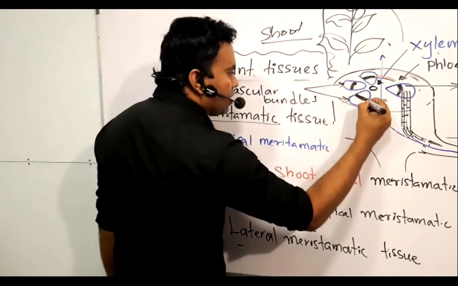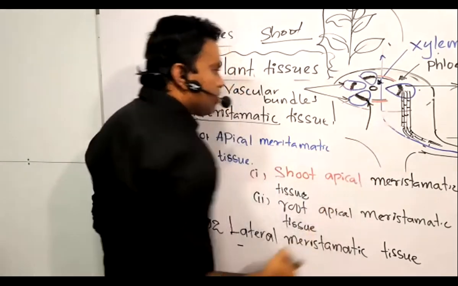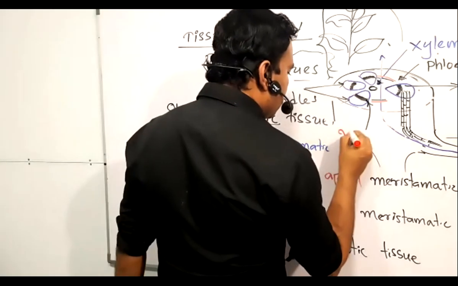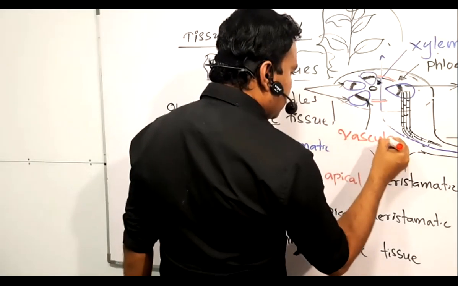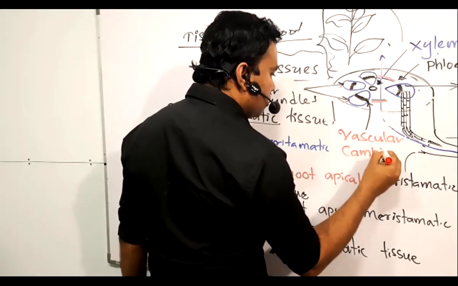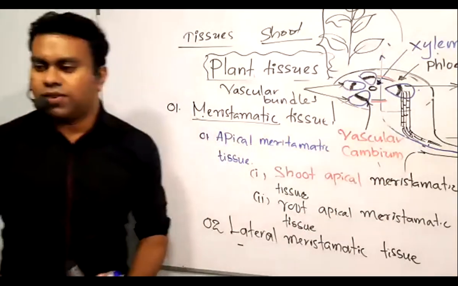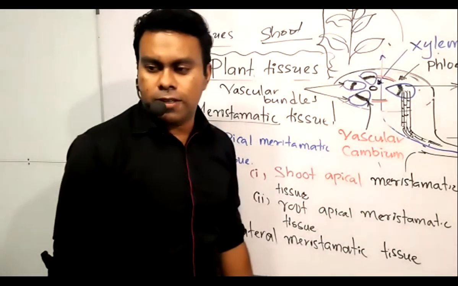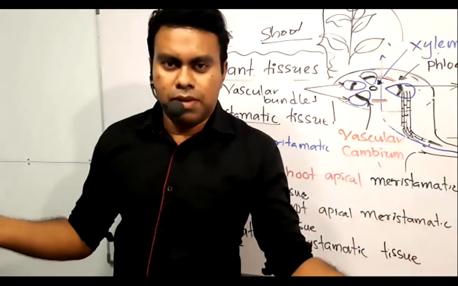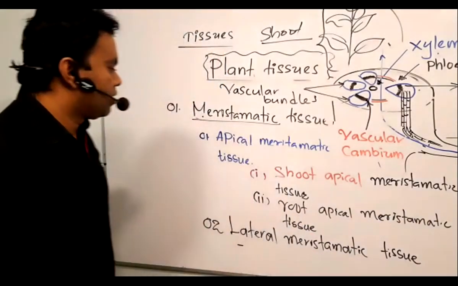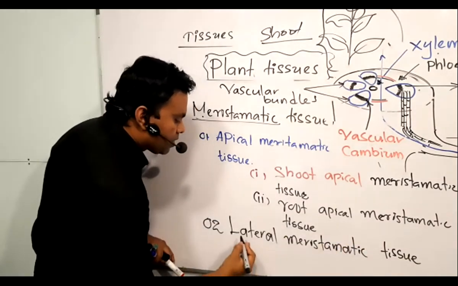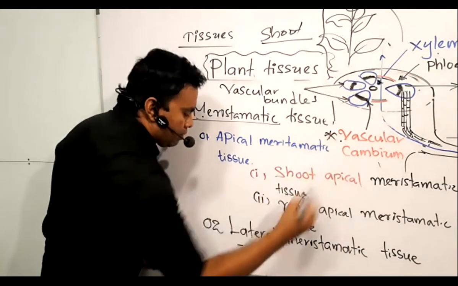What's the special name given to this? Vascular cambium. That's all, explained. Now, let's write. Example: lateral meristematic tissue is represented by the vascular cambium.